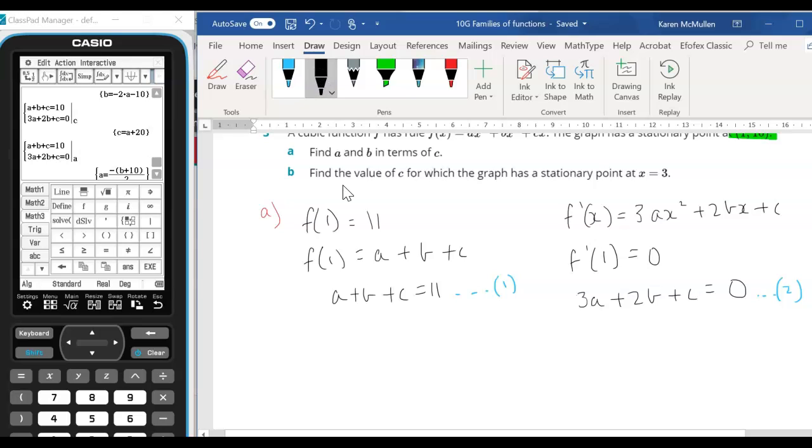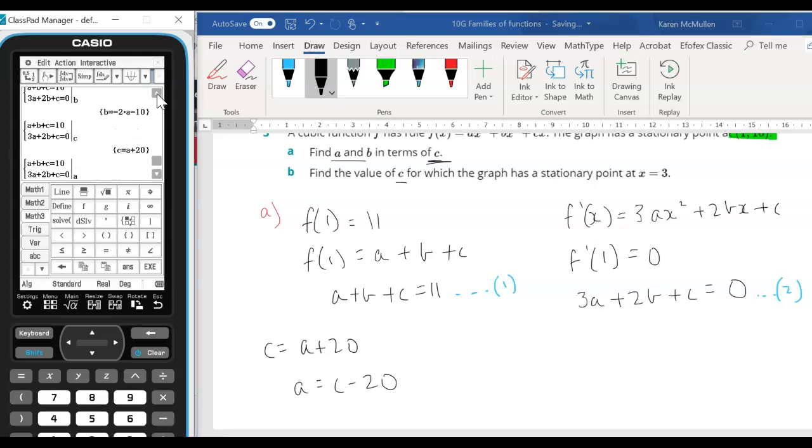So if I get C is equal to A plus 20, so remember we want the value of C, find A and B in terms of C. So if C is equal to A plus 20, that means A is equal to C minus 20. And then I can just go back to my answer for B, which is B equals negative 2A minus 10, and then just substitute in A there.